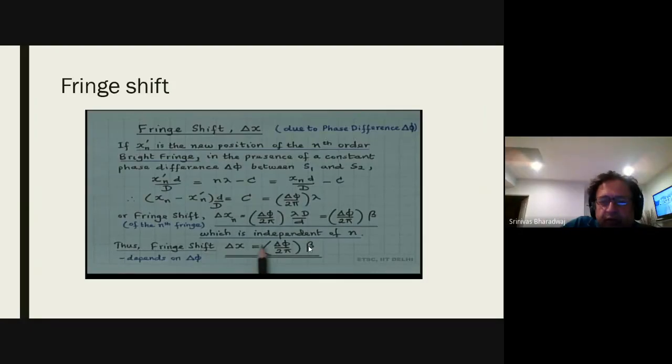Correspondingly, delta x n is delta phi by 2 pi times lambda D over d. So delta phi by 2 pi times beta will give you the shift in the fringe. If you have the fringe shift, you can then calculate the delta phi, the phase difference.